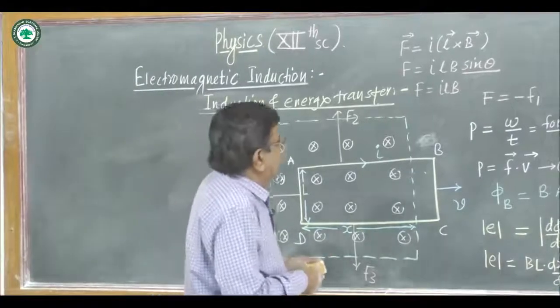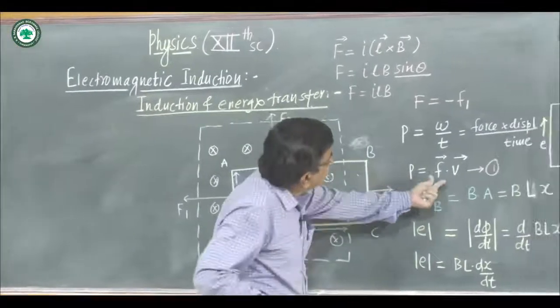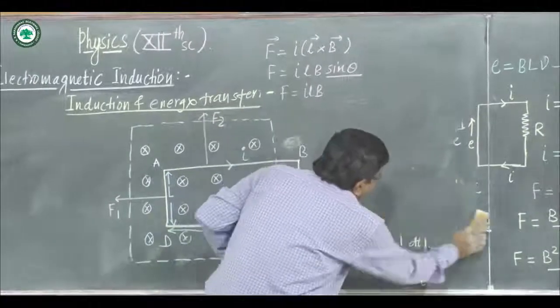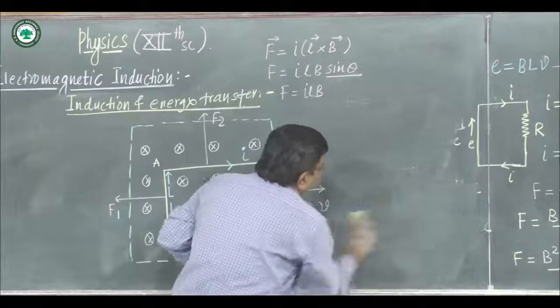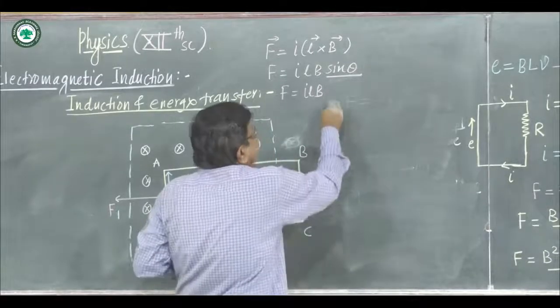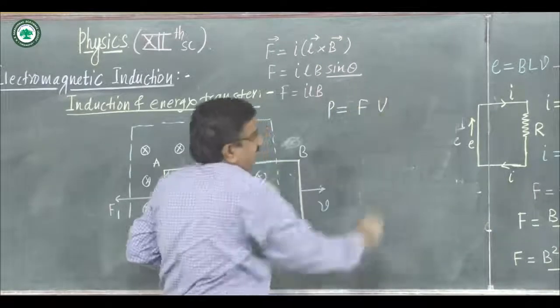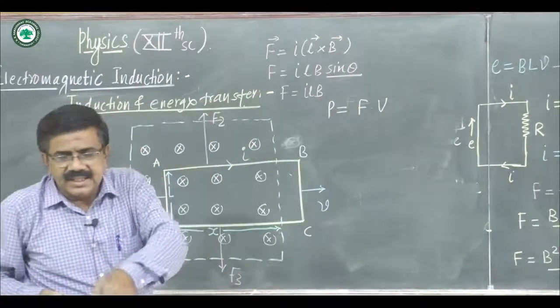But we know power is F into V. So we write the equation for the power as F into V, that is the velocity.